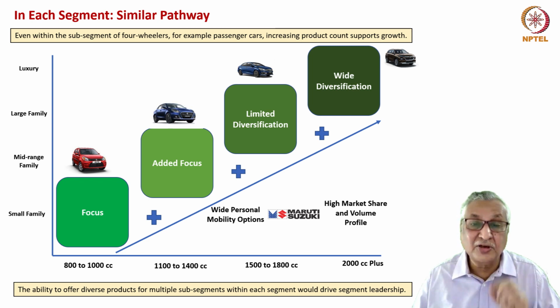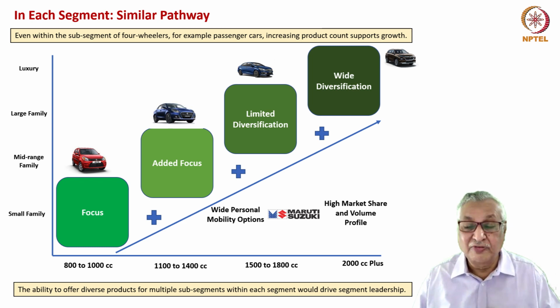And each of these product categories or each of the product clusters fulfills a different kind of transportation purpose. The 800 to 1000 cc small car fulfills small family mobility needs. 1100 to 1400 cc mid-range family needs. 1500 to 1800 cc large family along with business needs. 2000 cc plus again luxury oriented mobility needs.